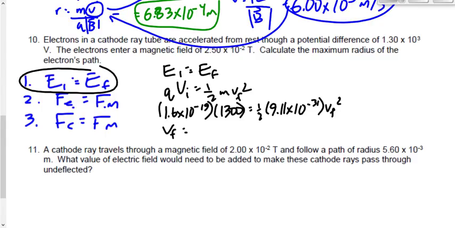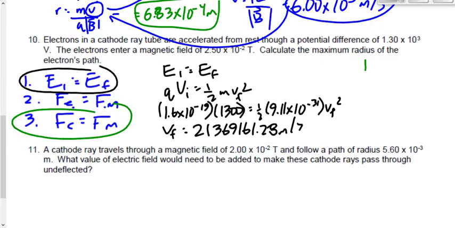vF there works out to be 2.13, I think. Is that right? Okay, that's my vF. And then I'm going to do the whole FC equals FM thing for the main chamber.